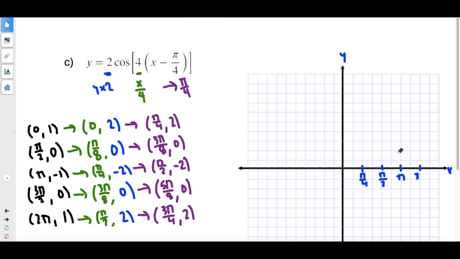And for my y-axis, my y values, I can just go up by 1.